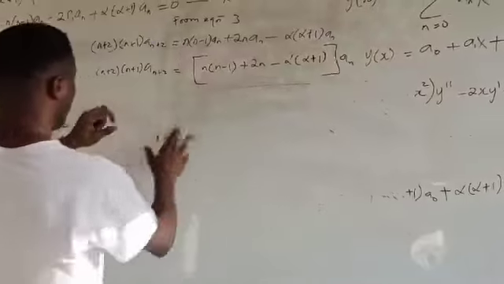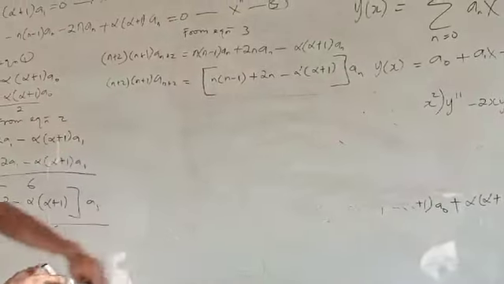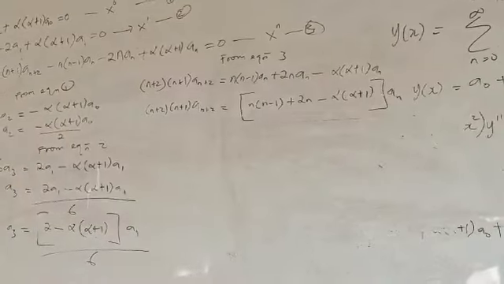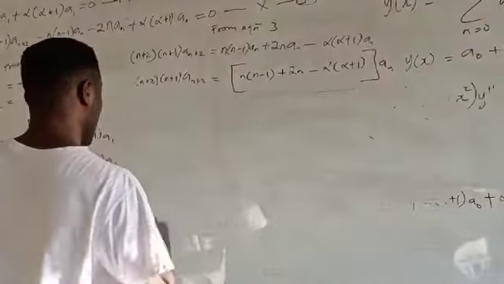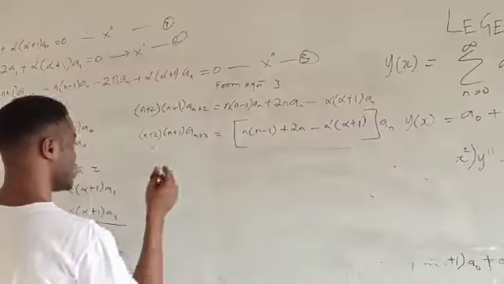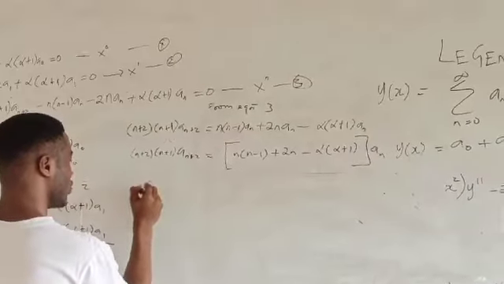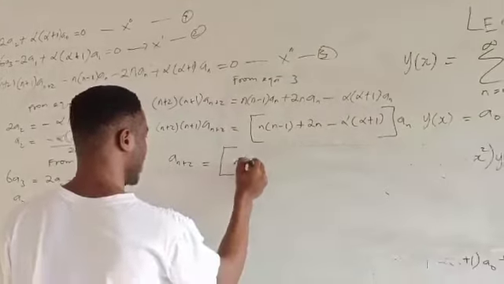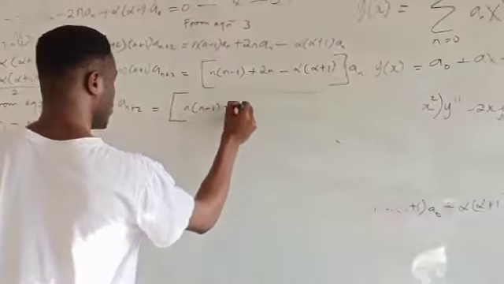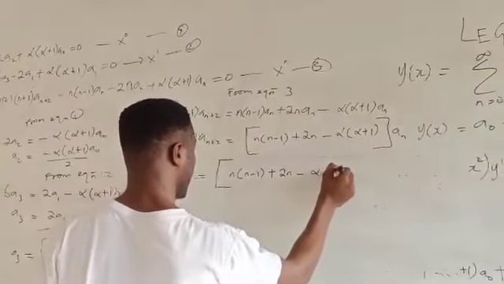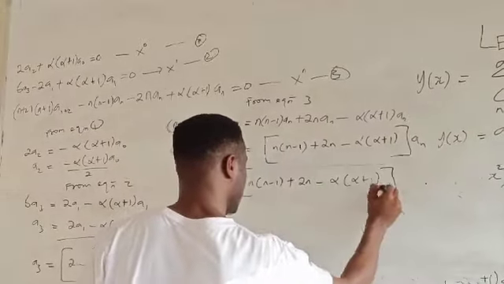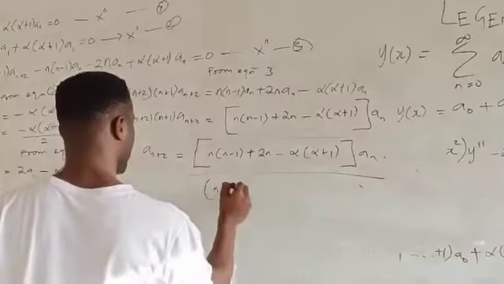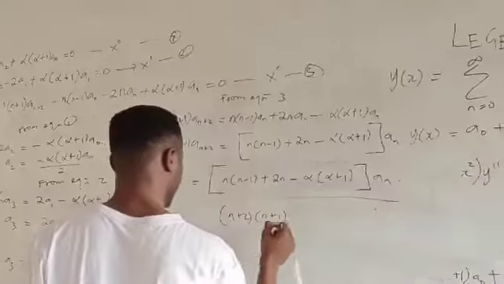To make a subscript n plus 2 the subject of the formula, you have to divide by the coefficients, which is n plus 2 and n plus 1. So a subscript n plus 2 is equal to n bracket n minus 1 plus 2n minus alpha bracket alpha plus 1, all multiplied by a subscript n, divided by n plus 2 n plus 1.